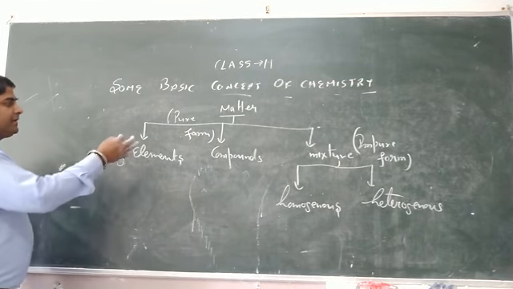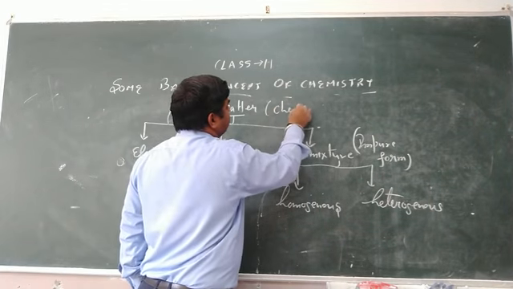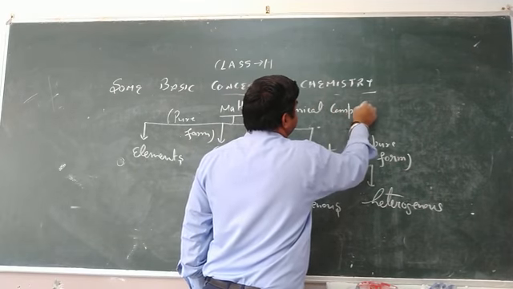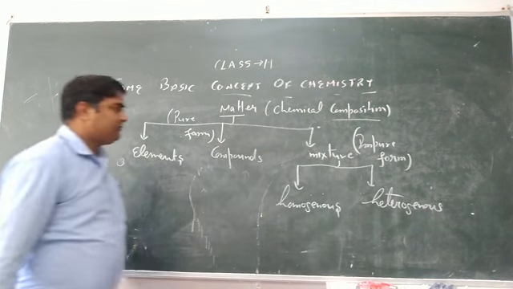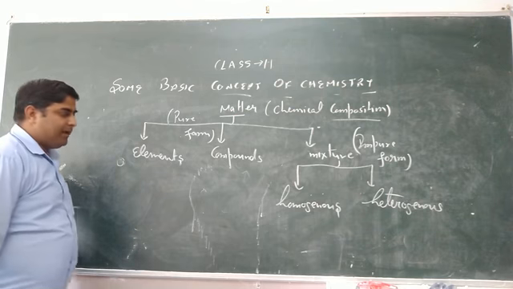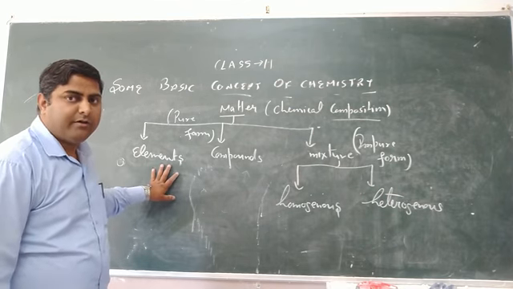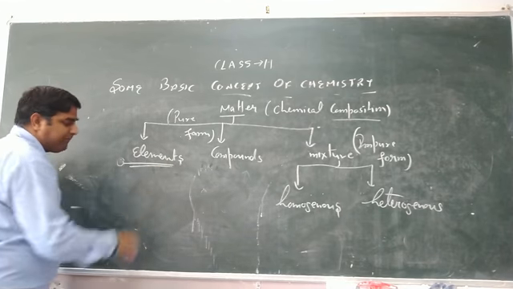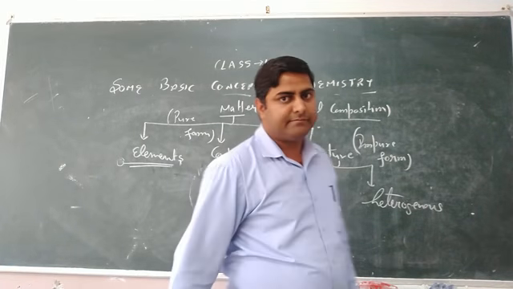So, matter on the basis of chemical composition is divided into three categories. Elements are the purest form of matter. Compounds are also pure form. Elements are made up of only one type of atoms.